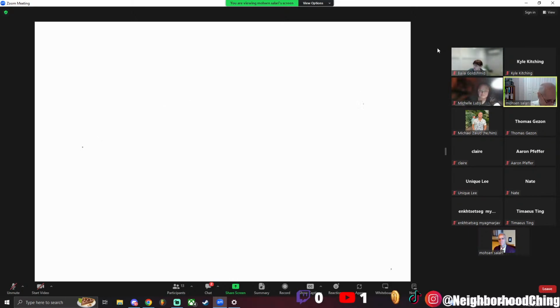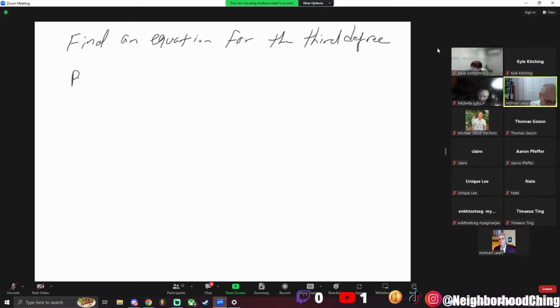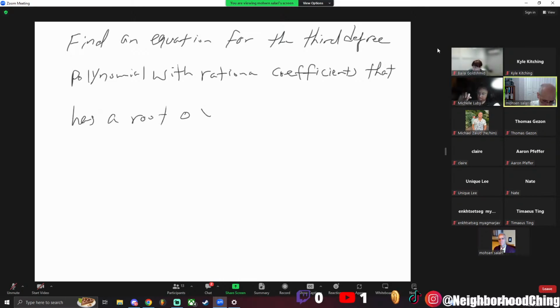That's a find an equation for the third degree polynomial with rational coefficients that has a root of x equals root 6, x equals -5, and p of 0 equals -60.